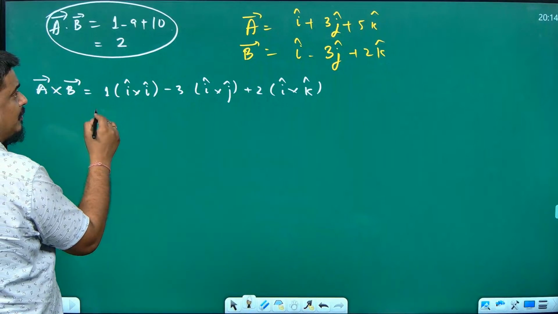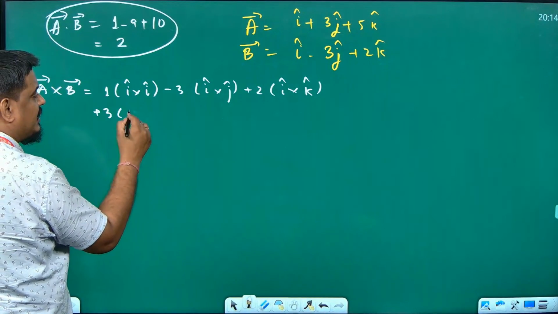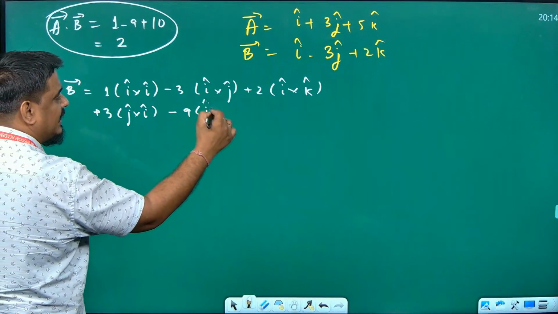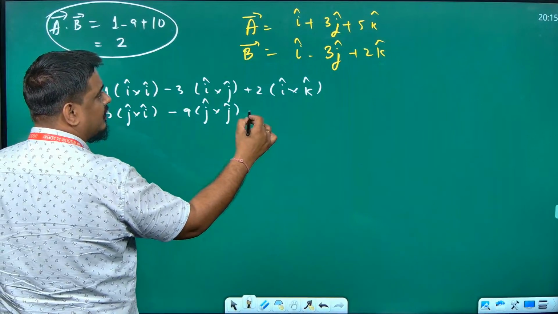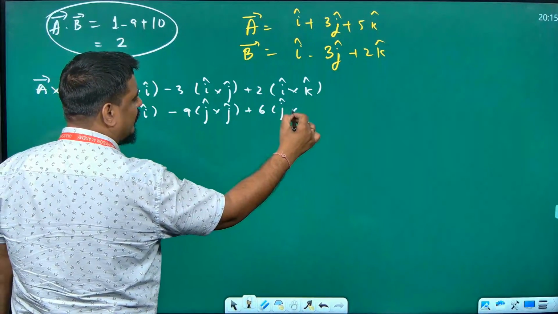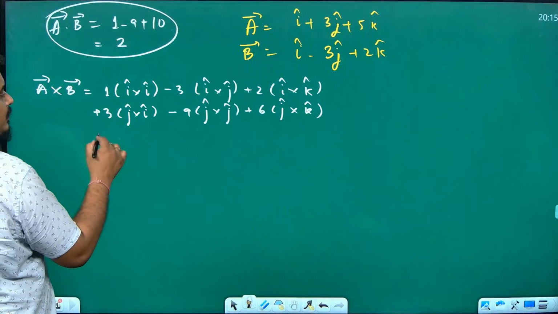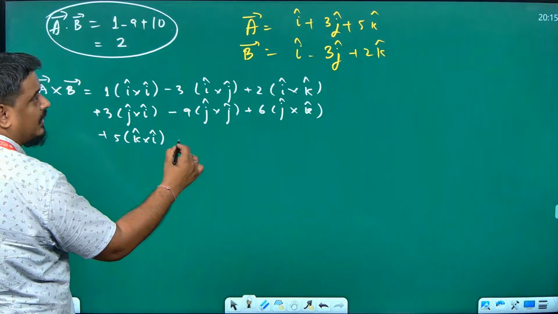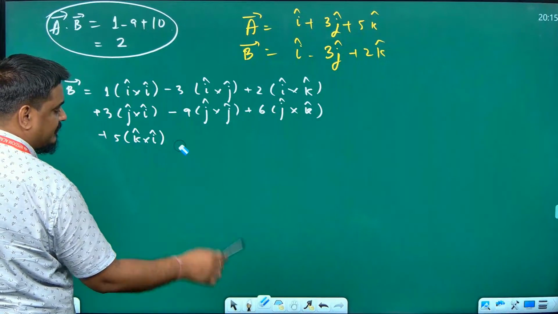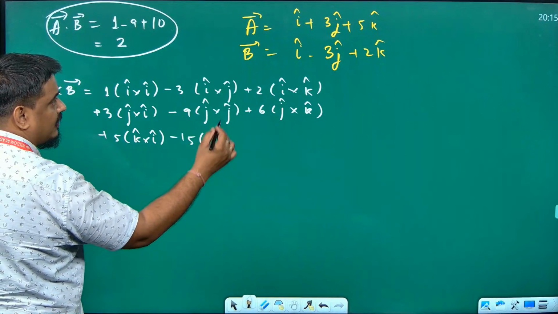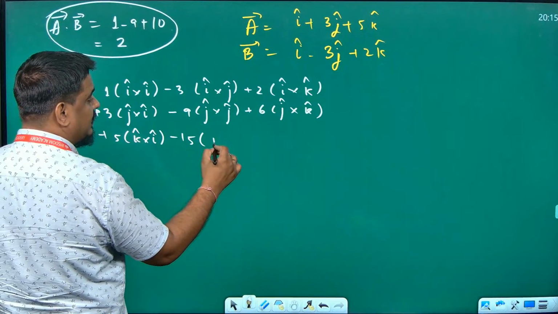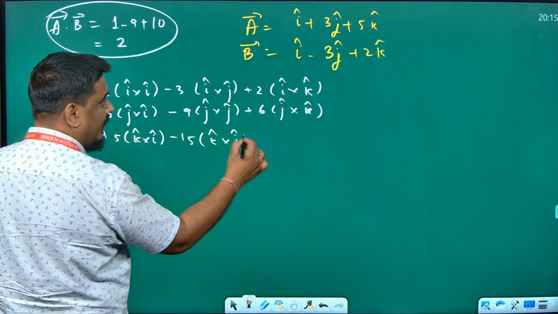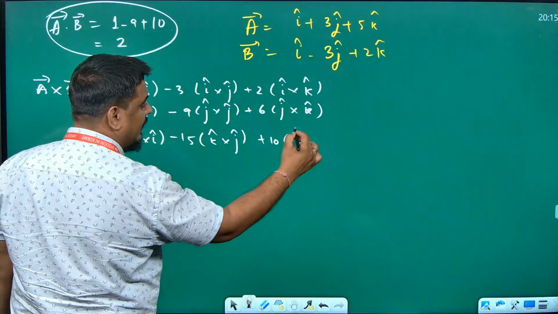Next, plus 3 j cap cross I cap, minus 9 j cap cross j cap, plus 6 j cap cross k cap, plus 5 k cap cross I cap, plus minus 15 k cap cross j cap, and plus 10 k cap cross k cap.